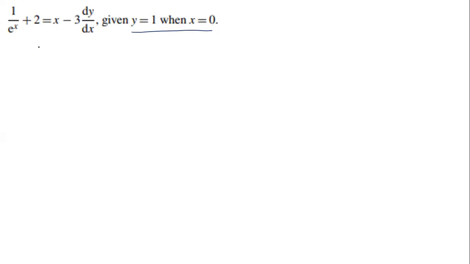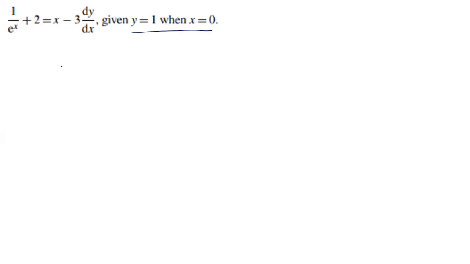Having a look at this equation, we're going to try to write it in a standard form first, dy over dx. So look at the equation. I'm going to transpose: because it's -3, I'm going to take it to the other side of the equation. However you want to do it, but I think this is the simpler way.